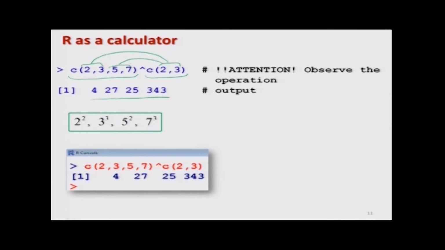So what is really happening when I write down here c(2, 3) raised to c(2, 3)? This 2 is coming over here and 3 is coming over here. So we get here 2 square and 3 cube.